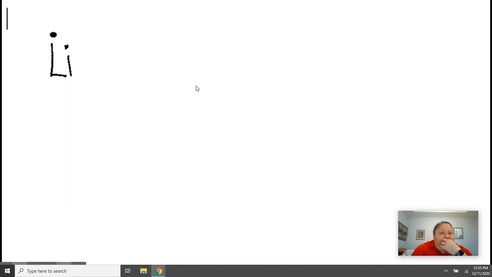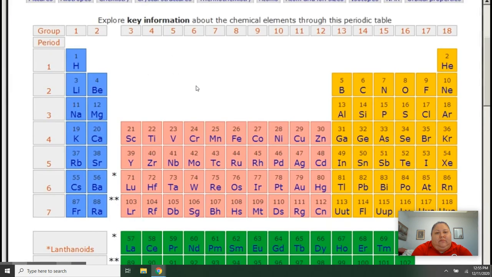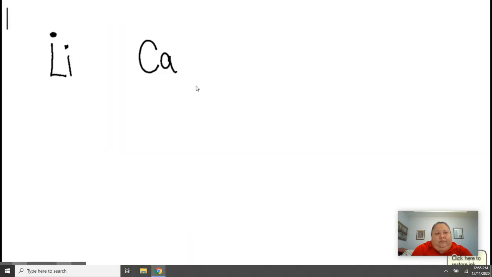Our next example is calcium. If you go to calcium on the periodic table, you see that it has 2 valence electrons. You go back here and you go 1, 2. You always want to make sure you're going around your atomic symbol like this.